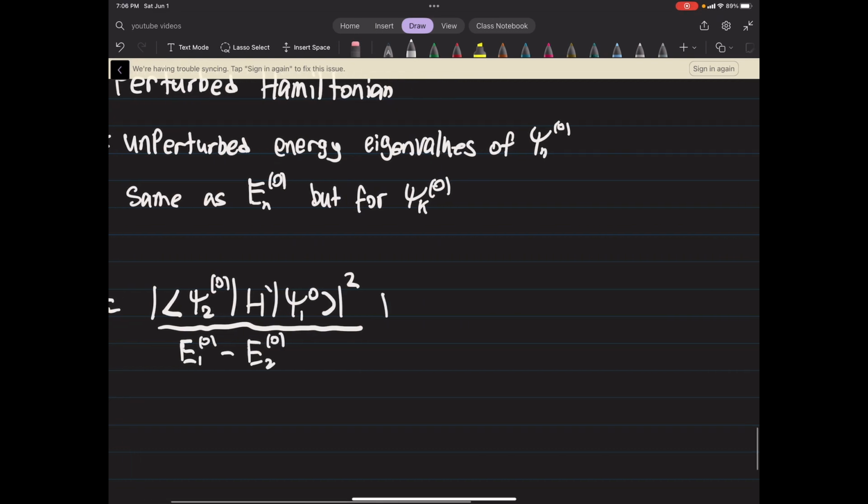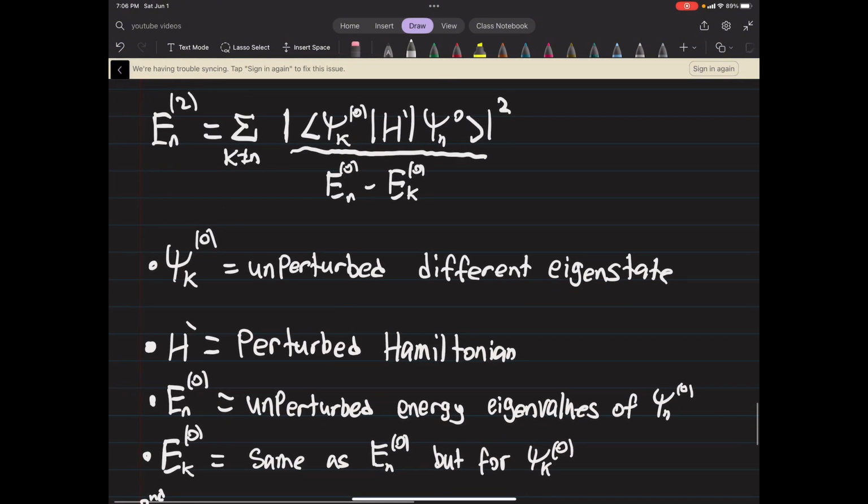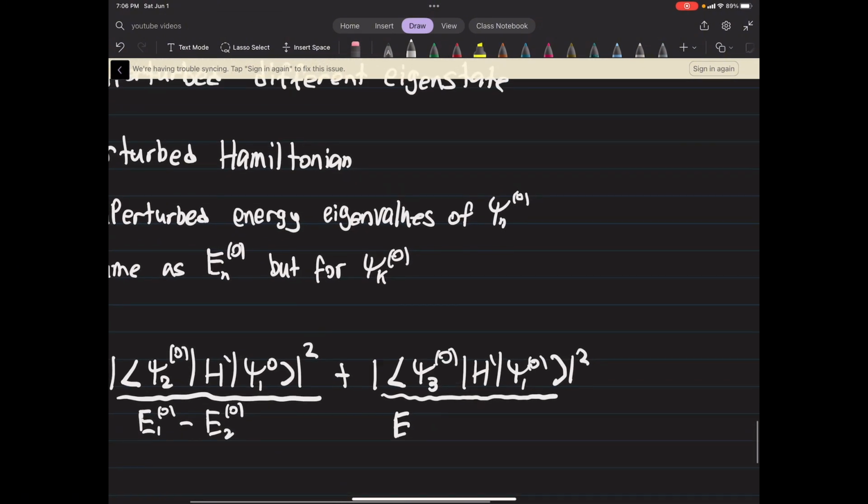And then we're summing this, so we have to do another one. And this will be our other wave function, so psi sub 3. And then we divide by our different energies. Yeah, just making sure I had the energies in the right order.